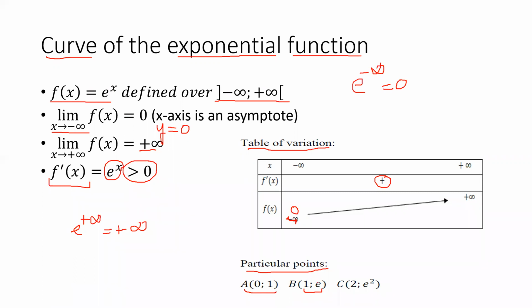How much is e? 2.7. Then ال x equal to 2, ال y equal e squared. How much e squared, George? 2.7 squared is 7.38.